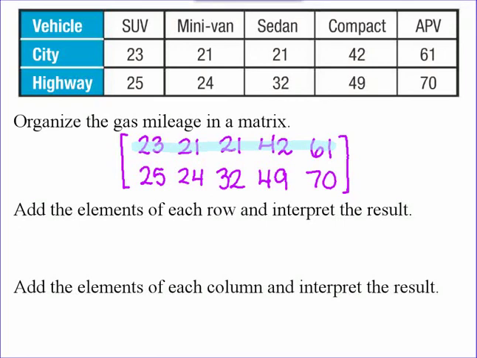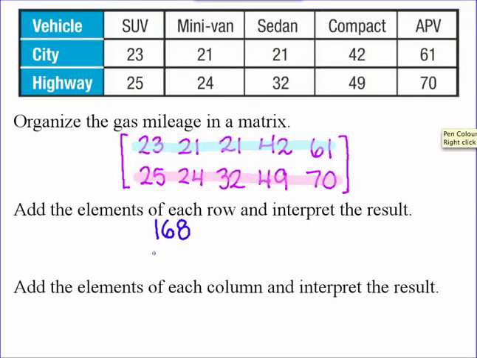What did you get? 168. That's row 1. Now I need to add the elements of the next row. Add these and tell me what that equals.